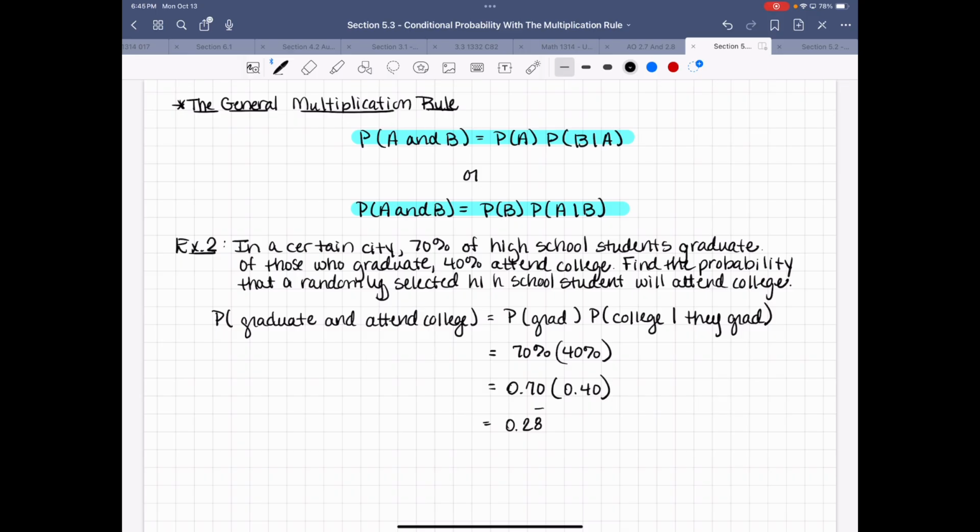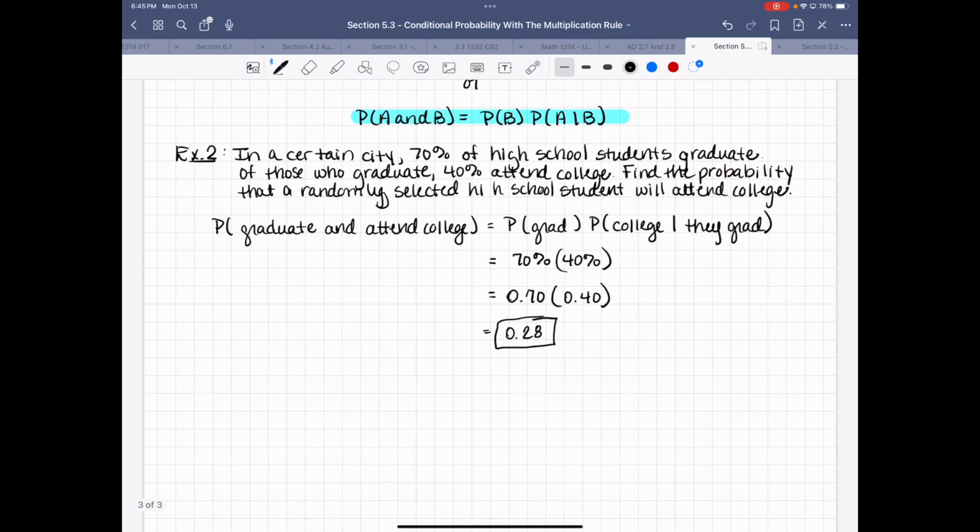The easiest way, honestly, guys, when you do these problems like this, lots of times the easiest way is for you to reason through them. Because think about it, you got 100 kids in the class. 70% of them graduate, so 70 kids graduate. And then you want 40% to go to college. Well, what's 40% of 70?